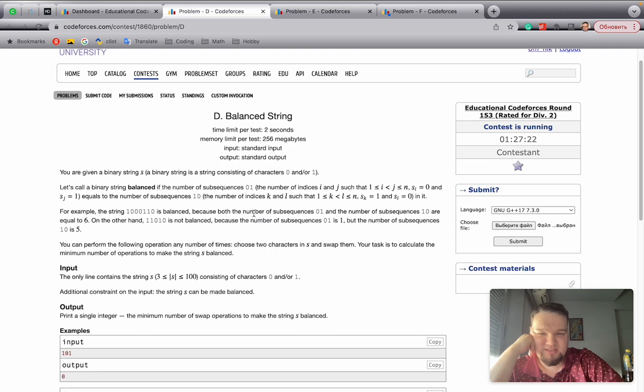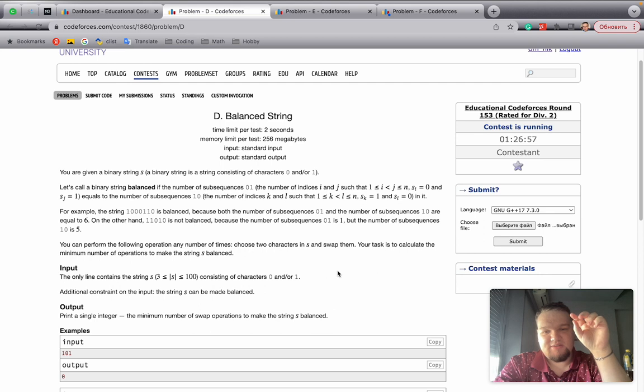Kind of feels like maybe it's always possible in some small number of operations. If I swap two consecutive characters, if they're equal, obviously nothing changes.